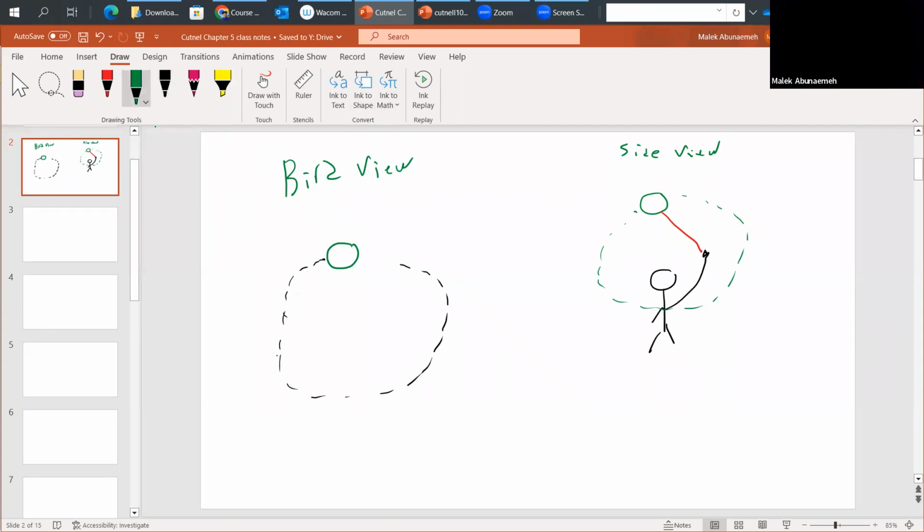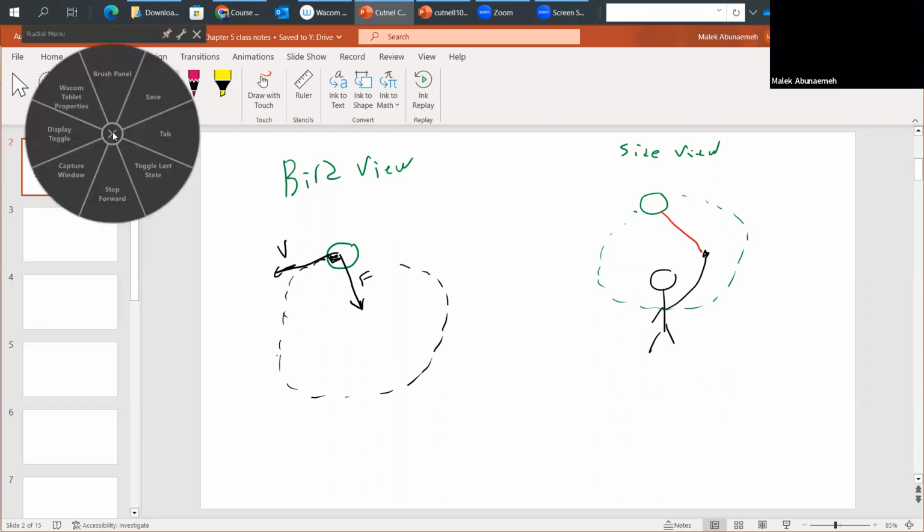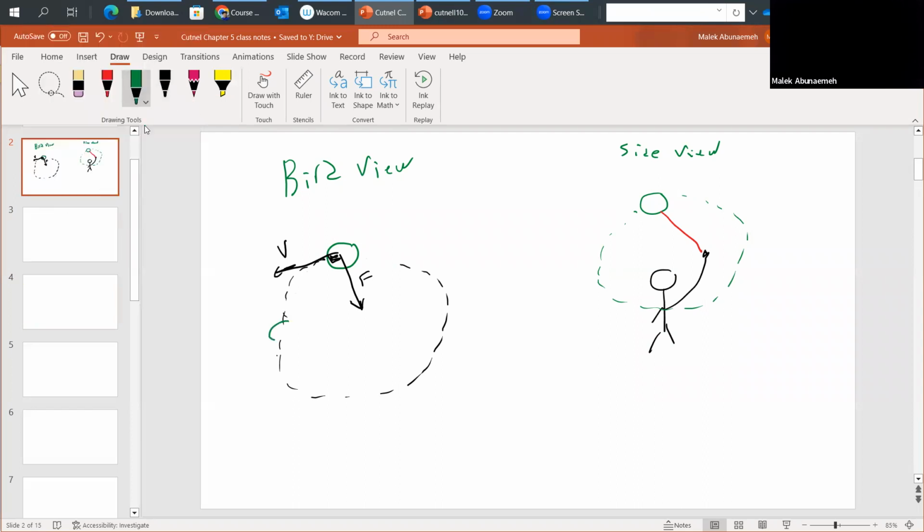When this ball travels, there is going to be a force pulling towards the middle. And at the same time, the direction it will travel is going to be perpendicular to this force, which is your V. So when the ball is right over here, let's say this is your radius, so you got your force coming over here, and the velocity is going to be perpendicular to the force going in.